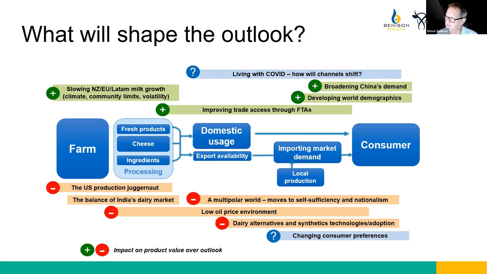I've described those developing world demographics, steady growth in dairy consumption with rising incomes, rising affordability, improving lifestyles, and importantly, improving access to refrigeration in their homes is a key driver of the types of dairy consumption that are going to exist. And the last thing at the top in green, and as it shows, the green ones are things that tend to grow value, so they're the positive factors over time.